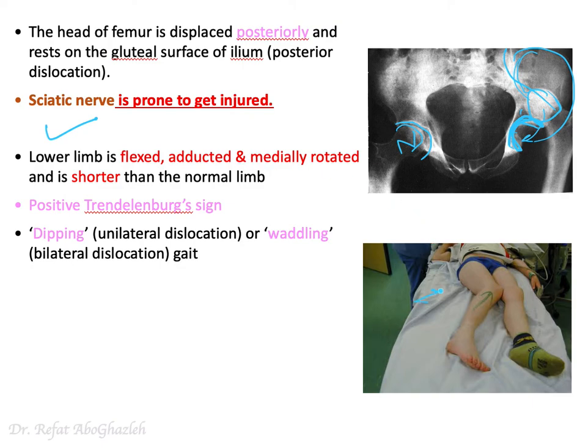Look at this patient who has a posterior dislocation of the hip joint, in which look at the lower limb, which is flexed and adducted and medially rotated. The anterior of the thigh is rotated medially because it's dislocated, and of course it's shorter than the other limb.